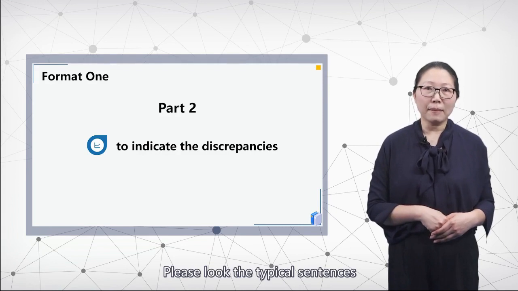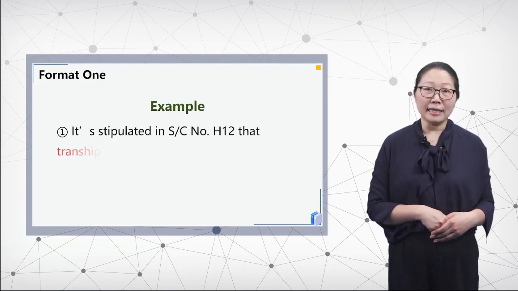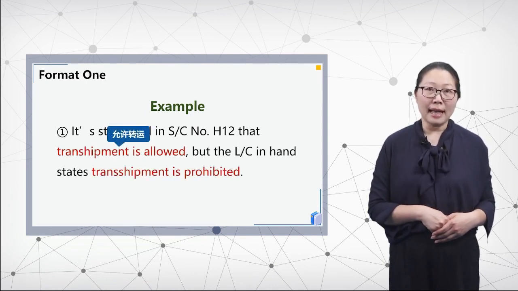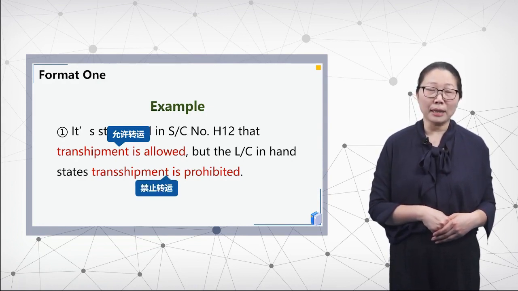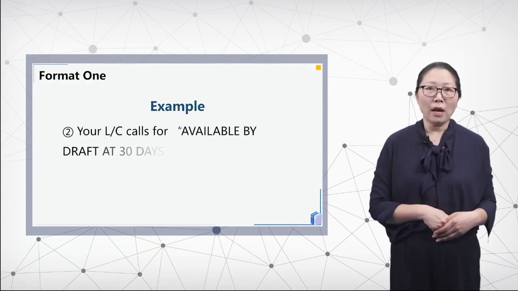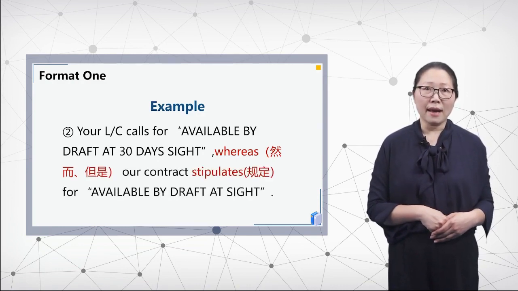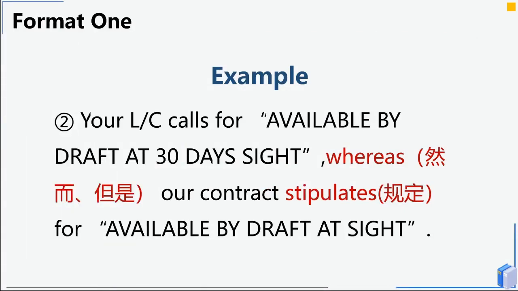The second part is to indicate the discrepancies. Please look at the typical sentences. It's stipulated in SC number H12 that transshipment is allowed, but the LC in hand states transshipment is prohibited. Your LC calls for available by draft at 30 days sight, whereas our contract stipulates available by draft at sight.